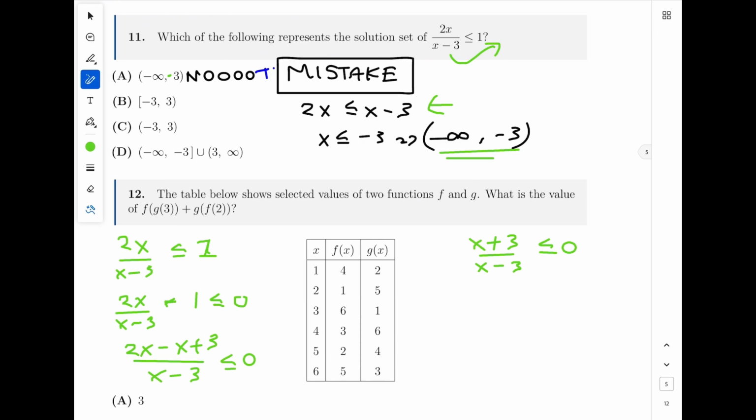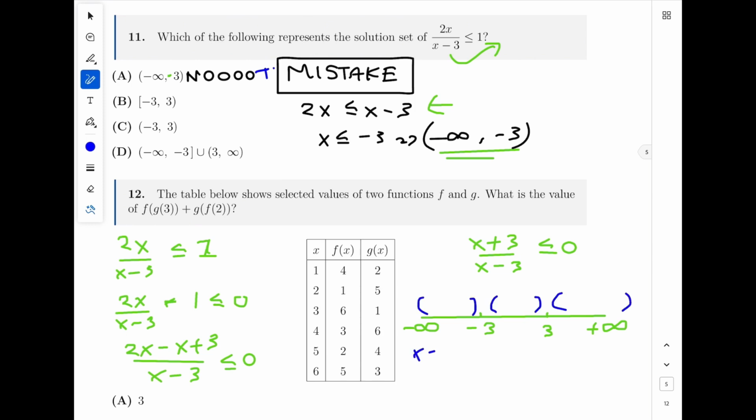And then, as I explained in one of my previous videos about the number line approach to solving these questions, you have a number line. I have two critical points, one is minus 3, another is 3. Here I have minus infinity, and here I have positive infinity, and then I pick my 3 intervals like this, and I have a test value.